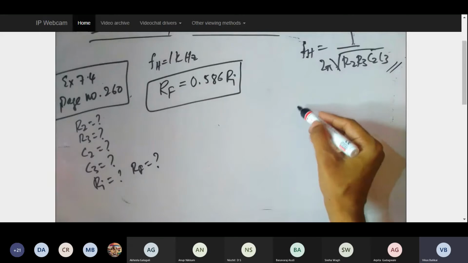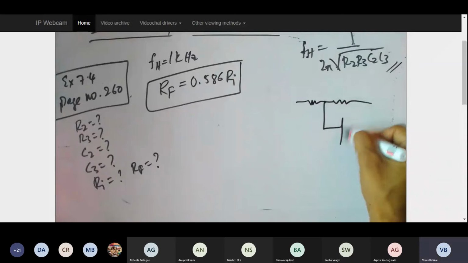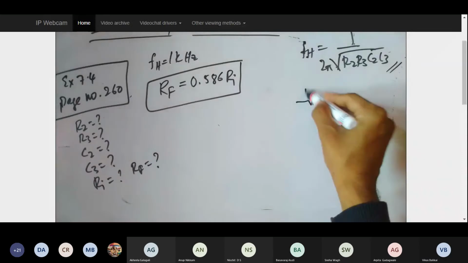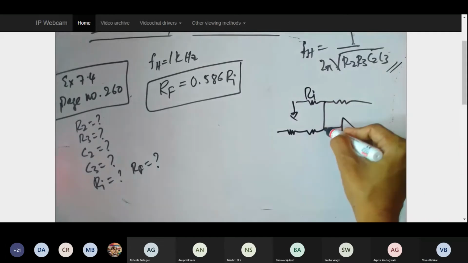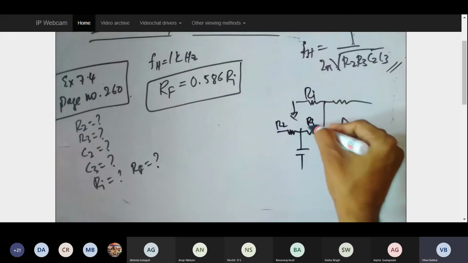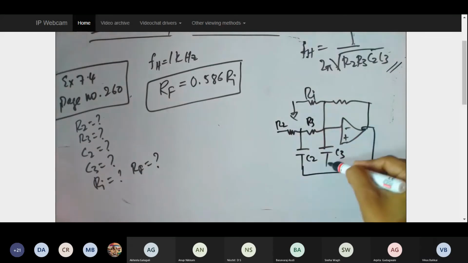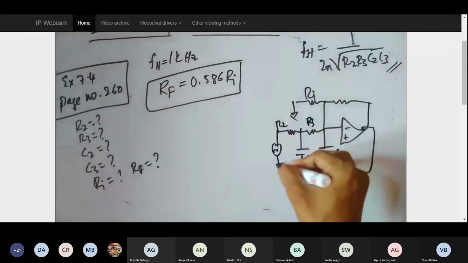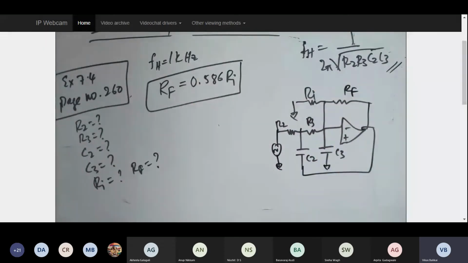So my Ri is here. This is R2, R3, C2, C3. So Rf you should consider as 0.586 into Ri.